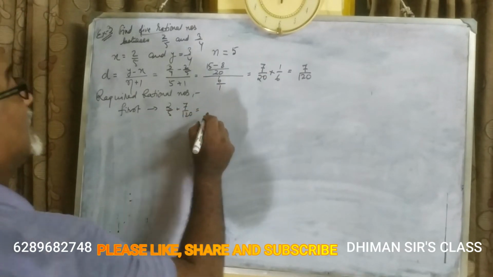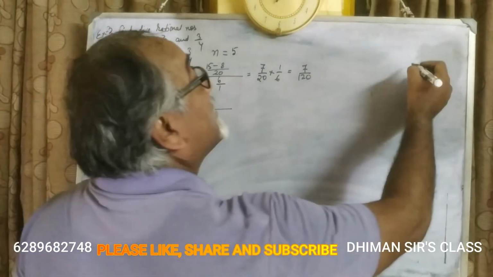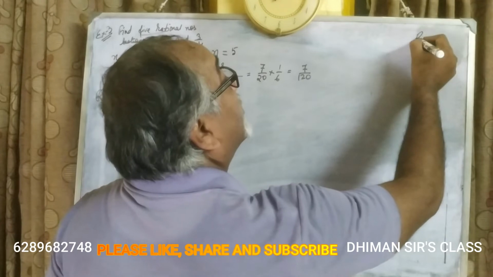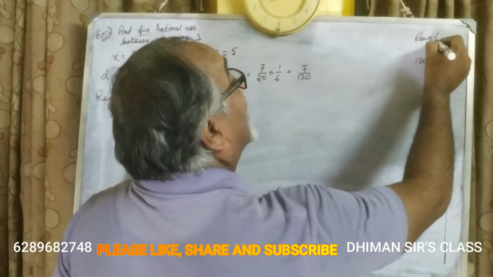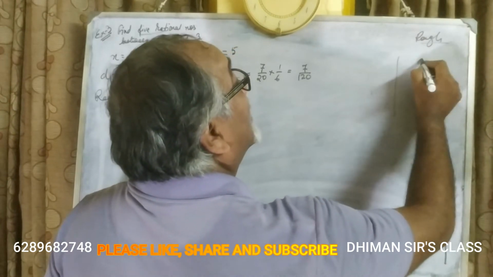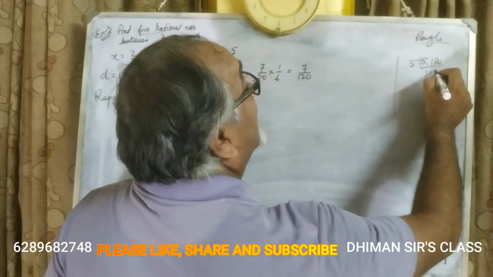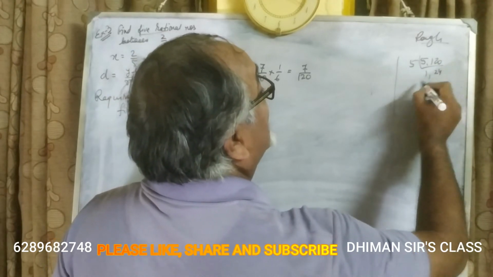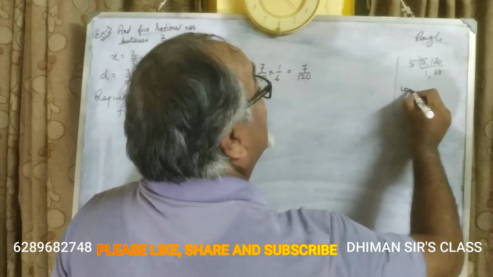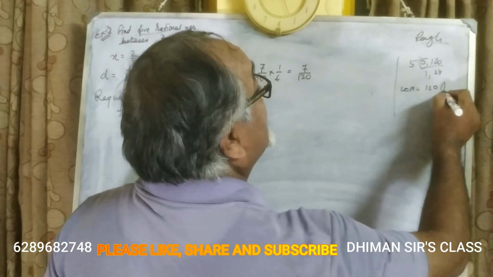What is the LCM of 120 and 5? Check up. 120 and 5, 5 1s are 5, 5 2s are 10, 5 4s are 20, so the LCM is 120 itself.